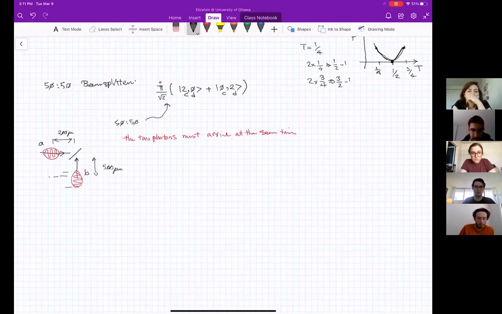And let's say the spatial coherence length is something about 100 micrometers, and that one is 100 micrometers. Then do you see the two photons arrive at the same time?